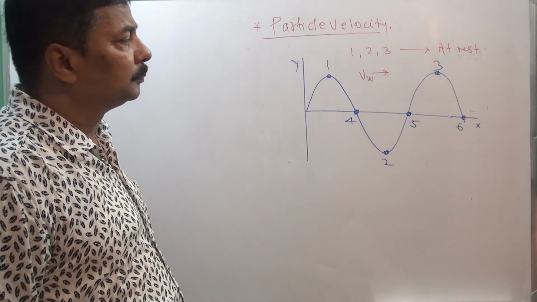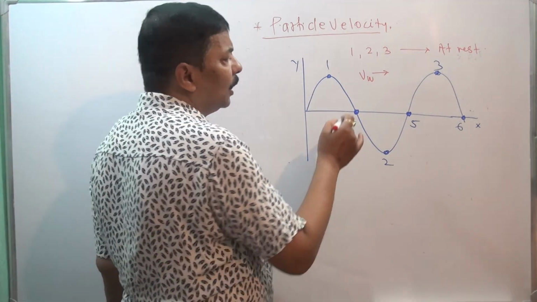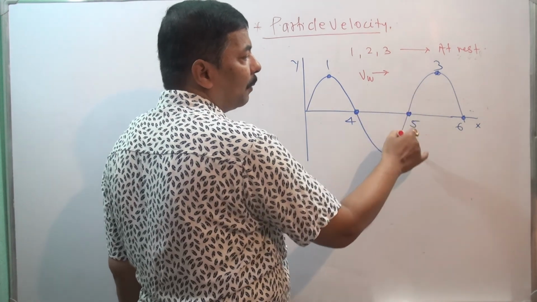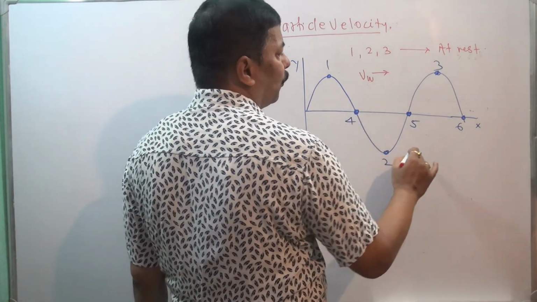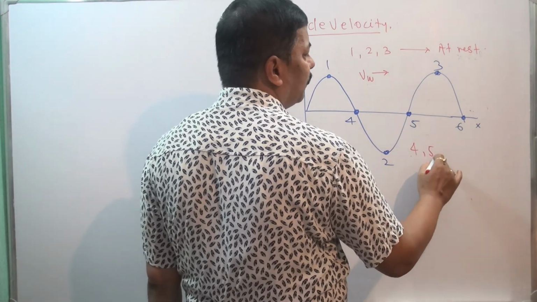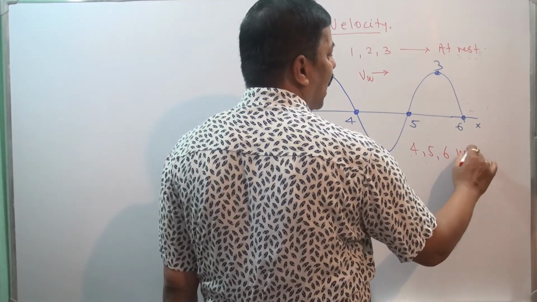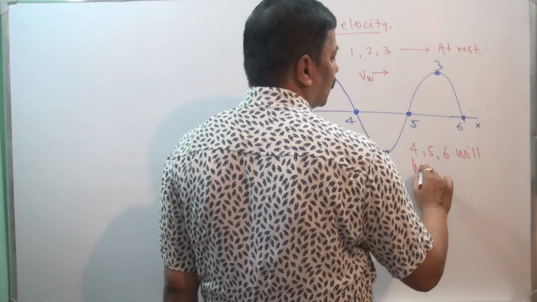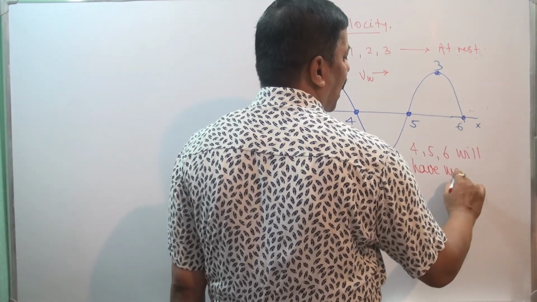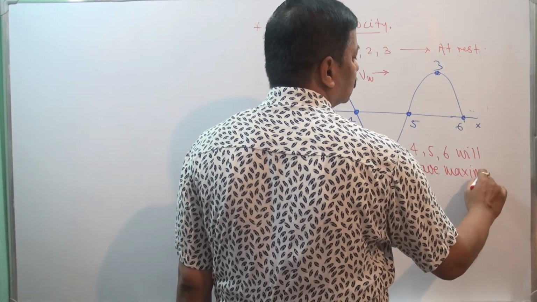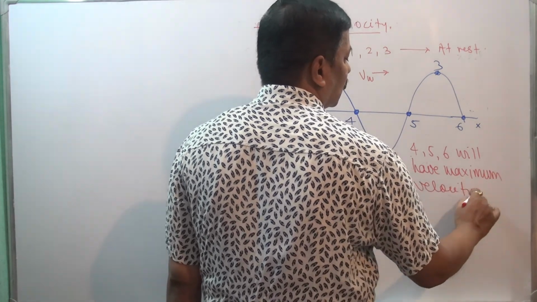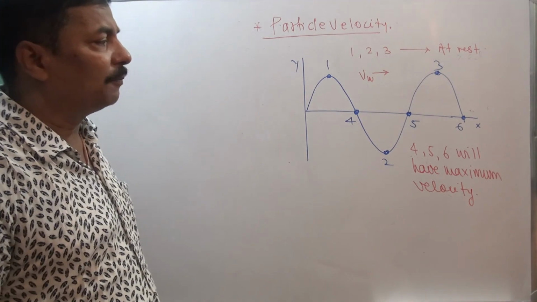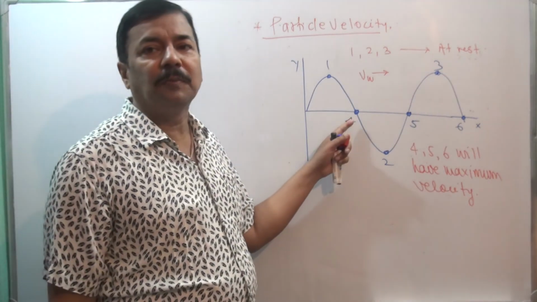And where the slope is maximum, particles 4, 5 and 6 will have maximum velocity, because here the slope is maximum.